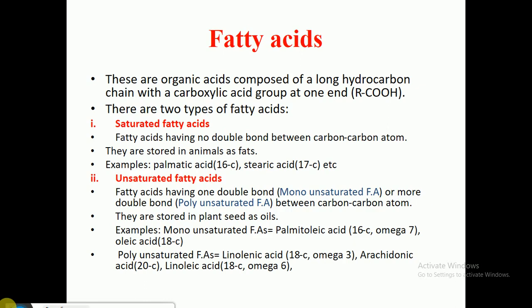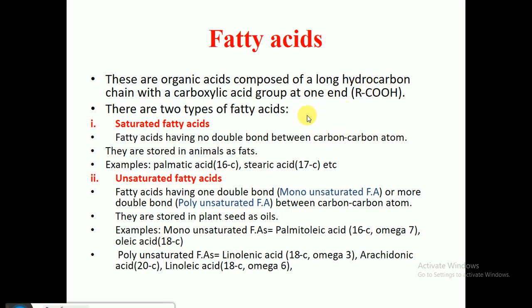Look here, fatty acids are basically organic acids composed of a long hydrocarbon chain with a carboxylic acid group. It means COOH, this is the carboxylic acid, and this is the alkyl group.